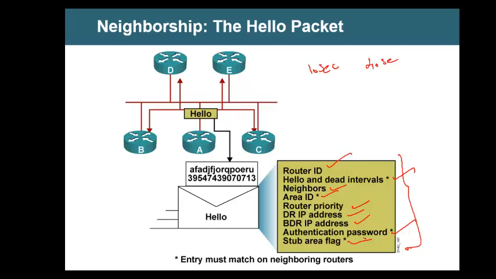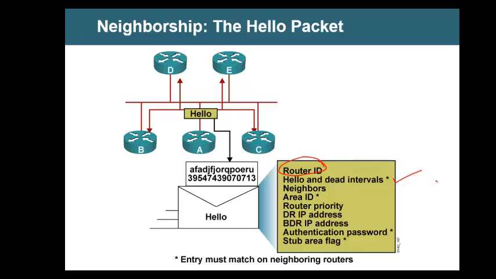Now, among all this, the router ID should be unique. Two routers cannot have the same router ID. The hello time and dead time must be common, matching with the neighbor. Router ID should not match with the neighbor, but the hello and dead interval should match in order to form neighbor.